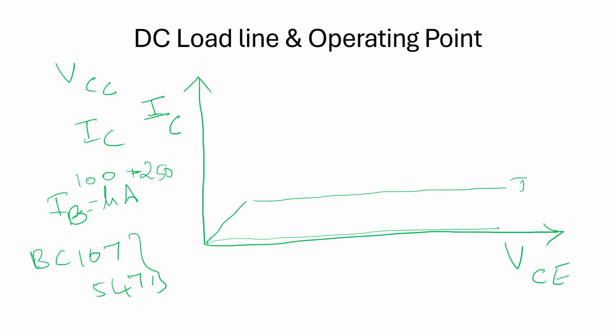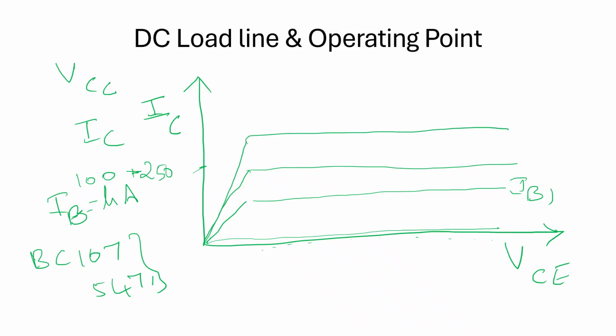This is for one particular value of base current. Again, if we change the value of base current, initially we will find a linear curve, and then at a particular constant IC, though the voltage across the collector emitter changes, the collector current remains the same.